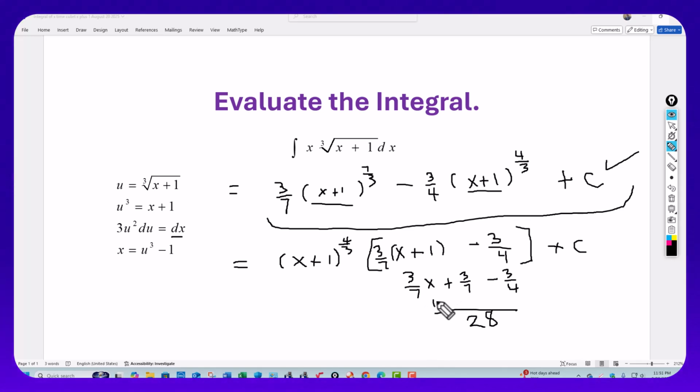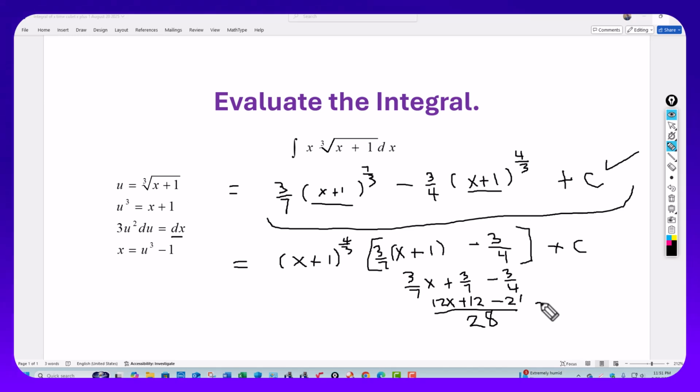So this will give me a 12x plus 12. This will be minus 21. So common denominator here is 28. 7 to 28 is 4 times 3x is 12. 7 here, 28 is 4 times 3 is 12. 4 to 28 is 7 times minus 3 is minus 21.